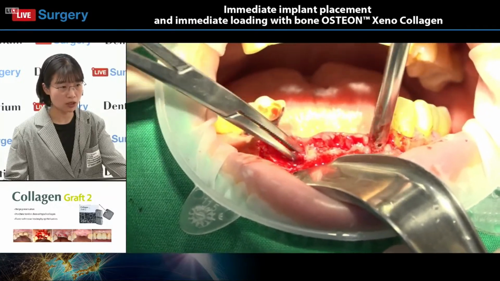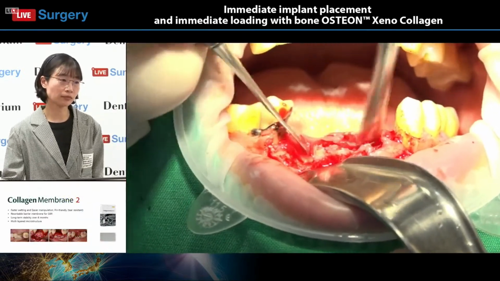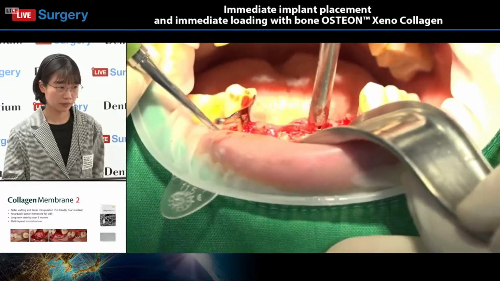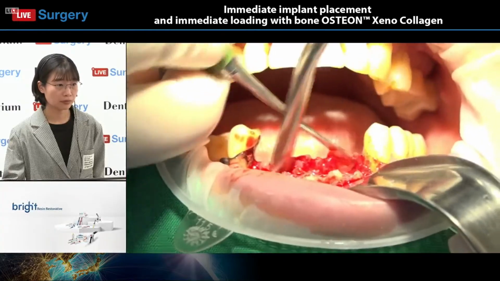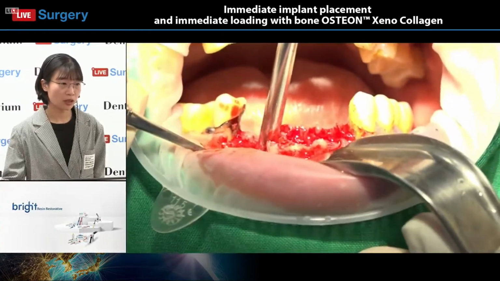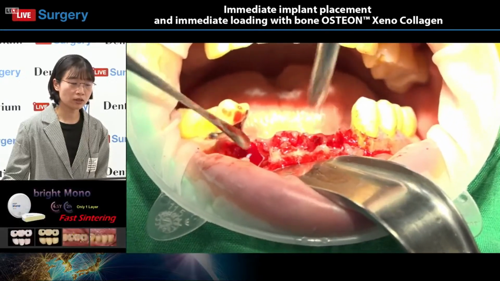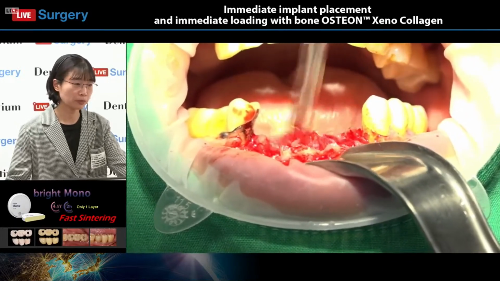Now he is detaching the granulation tissue with the hemostat. And now he elevates the gingival flap more with the surgical elevator, periosteal elevator.